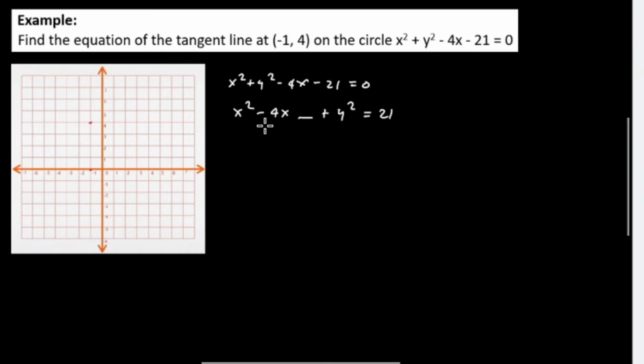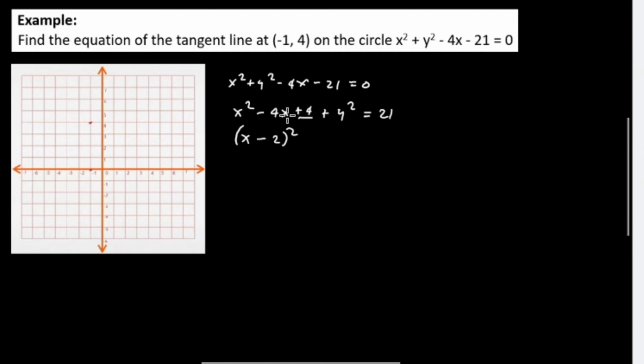Completing the square for x: follow the sign, negative 4 over 2 is negative 2, and squaring it, 2 times 2, that's 4, always a positive sign, so plus 4.